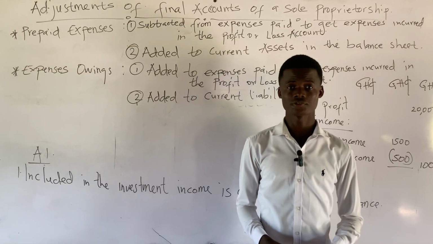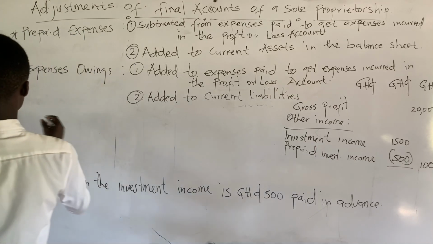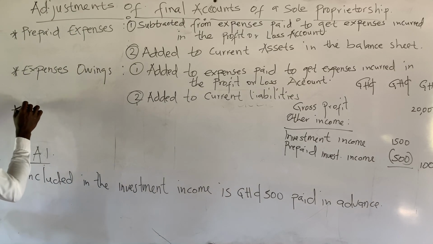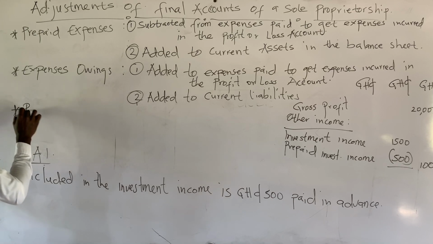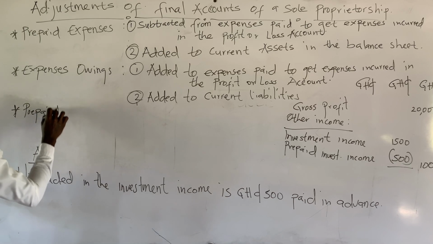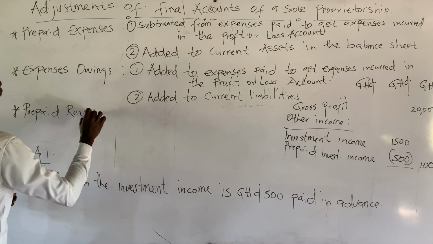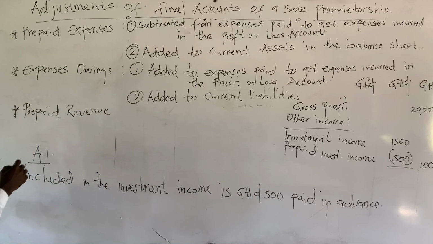So let's take this to be our trial balance. That we have revenue or prepaid revenue, and revenue owings.